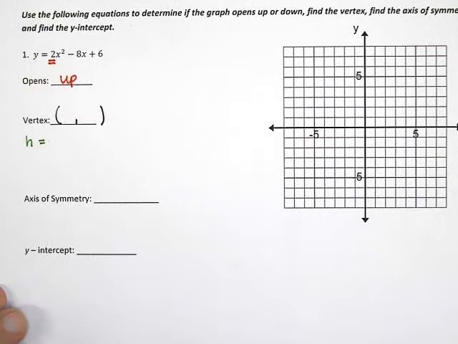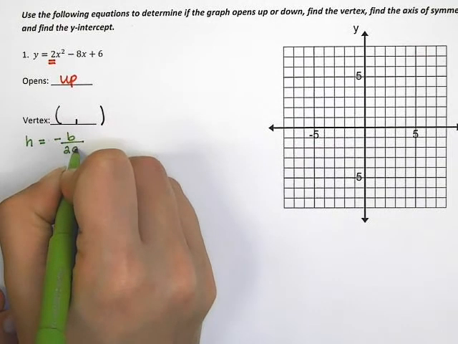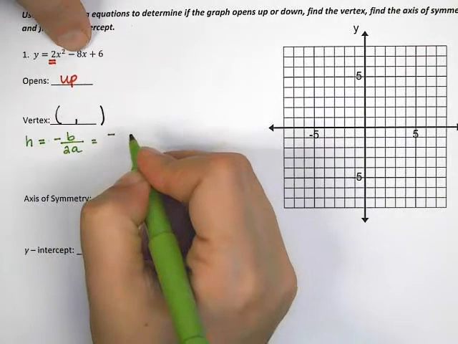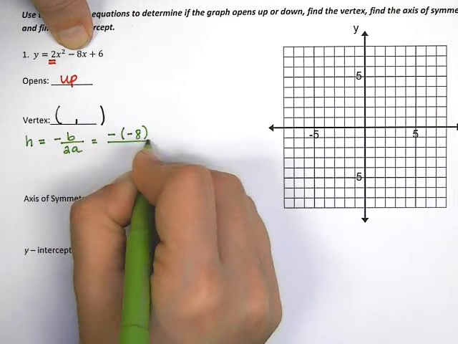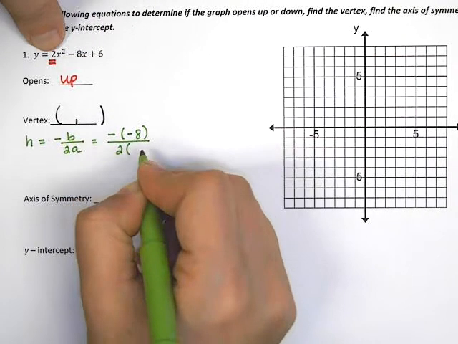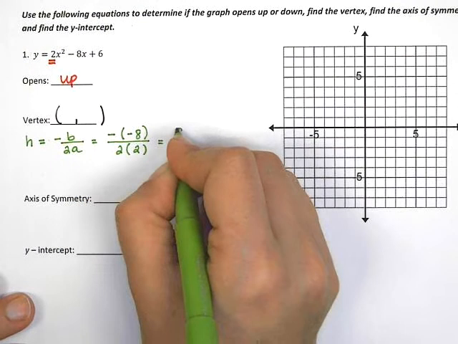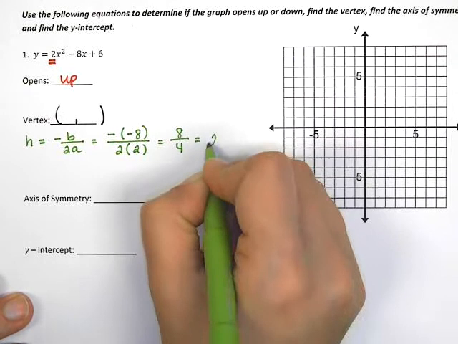So to figure out your h, you're going to use the formula negative b over 2a. Now in this problem, the b is negative 8. So we're going to have negative 8 over 2 times the a, which is 2. Now negative negative 8 is positive 8. 2 times 2 is 4. And when I simplify that, I get 2.